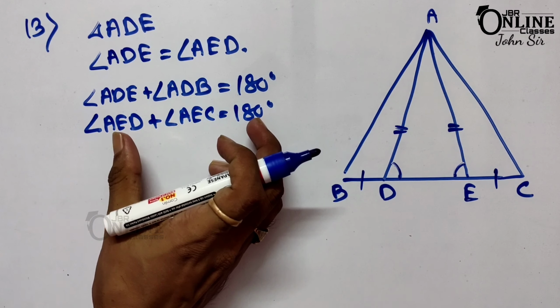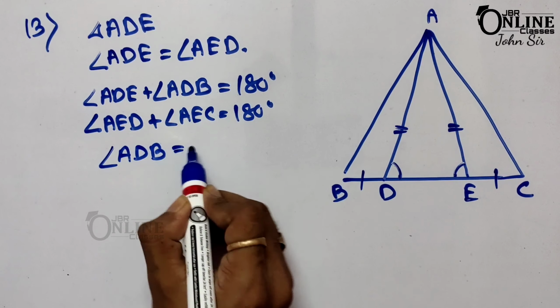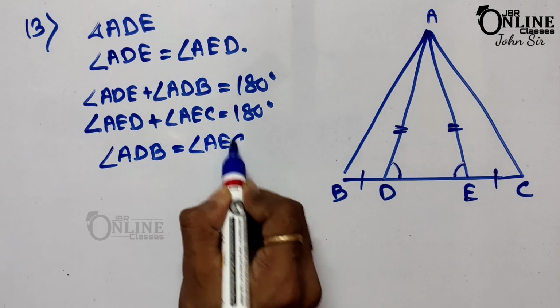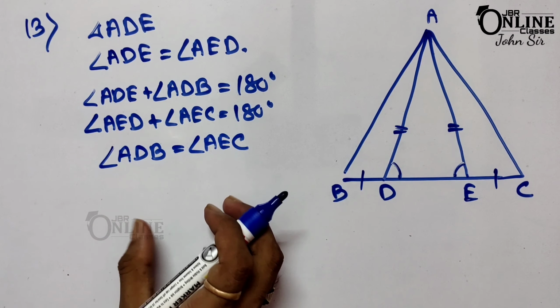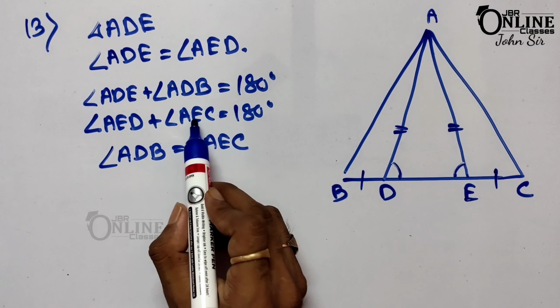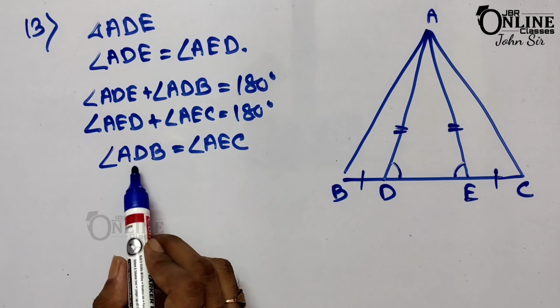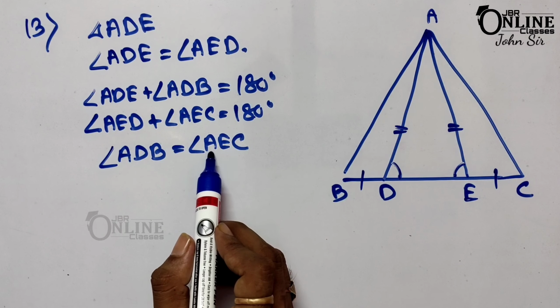So from this equation you can write angle ADB equal to angle AEC. Clear? Because ADB means this one minus this one, and AEC means this one minus this one, and as these two are equal, then definitely this one equals this one.